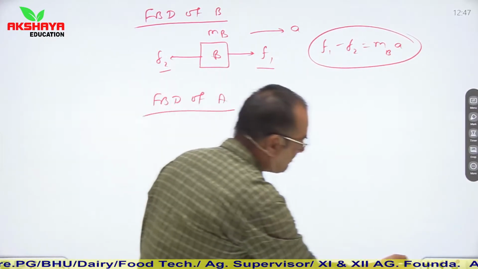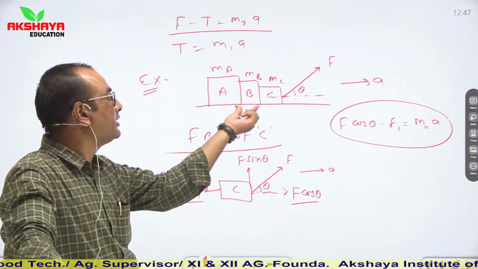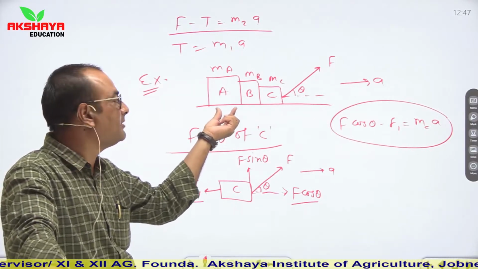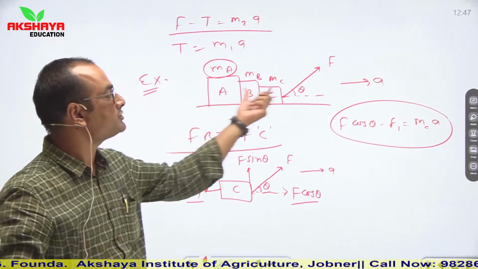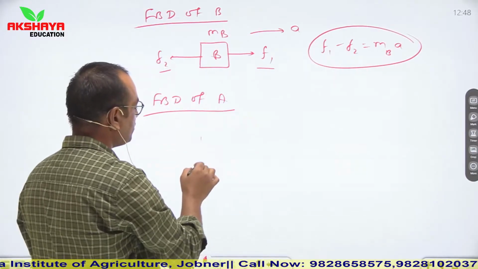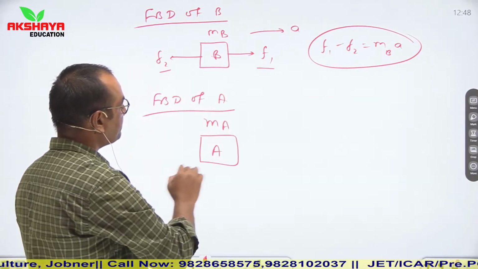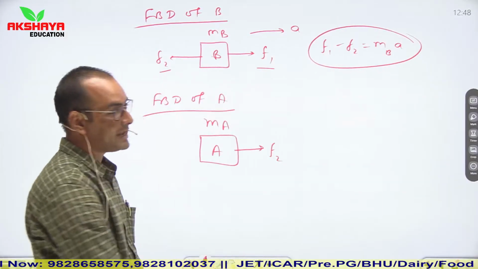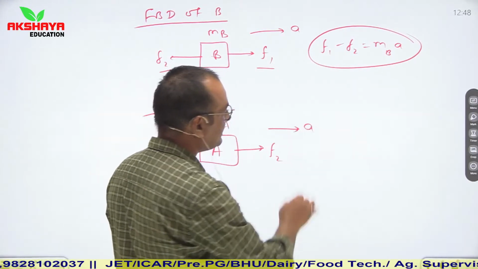So now come back to the question again. This object A is in contact with only body B. So it will cause only a reaction between A and B. Its mass mA will experience a force due to net acceleration A. Now the net force is a single force F2, which is the reaction force between A and B, and it is simply causing net acceleration.